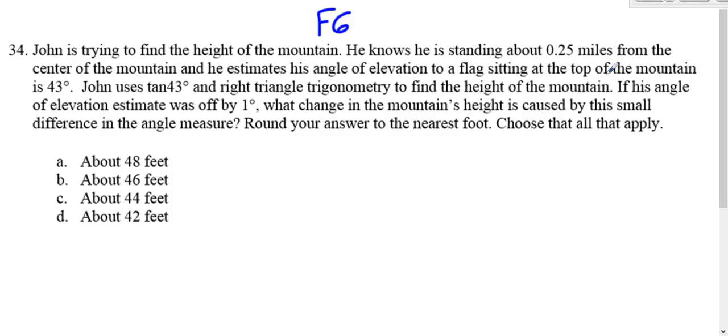Trying to find the height of a mountain, he knows how far away he's standing. He estimates the angle of elevation to be 43 degrees, then uses tangent to find the height of the mountain. If his angle of elevation is off by 1 degree, so if it was 44 degrees or 42 degrees, what would be the change caused by the small difference in the angle measure?